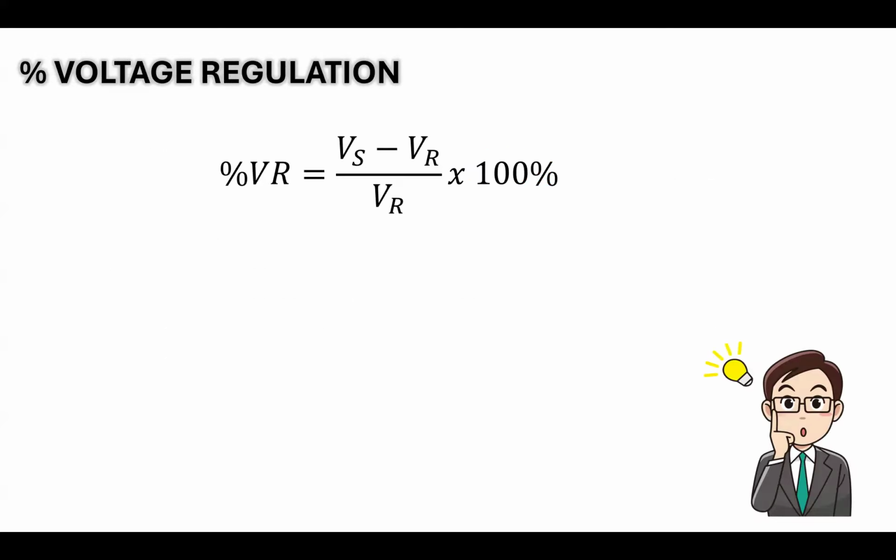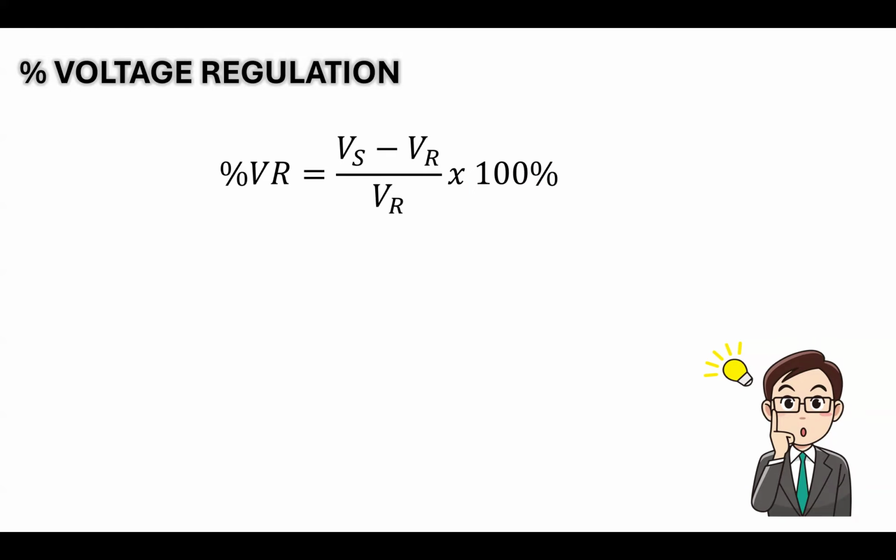So sa voltage regulation, kailangan ma-maintain natin yung value ng voltage ng sending end voltage natin ng transmission line doon sa voltage sa receiving end voltage ng ating transmission line. So, mathematically, yung ating voltage regulation ay pwede nating express using our equation.